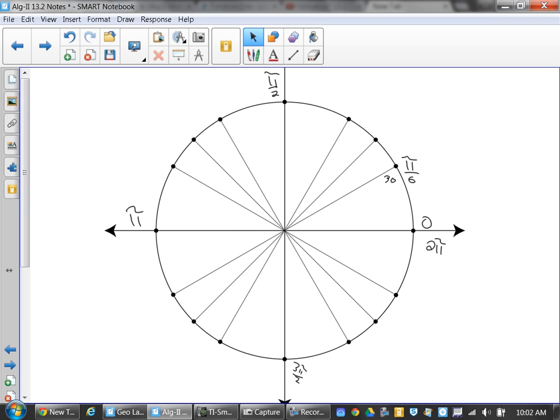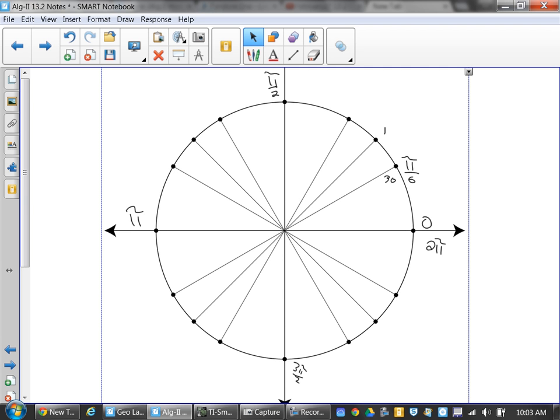Do that with 45. When you do that with 45, you get pi over 4. Because think of it this way: if 90 degrees is at pi over 2, what's half of 90? Pi over 4, because half of a half is a fourth.